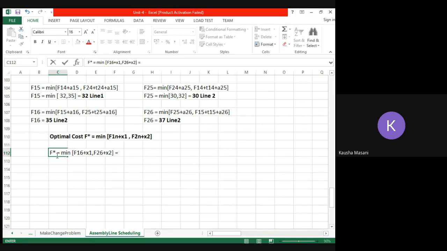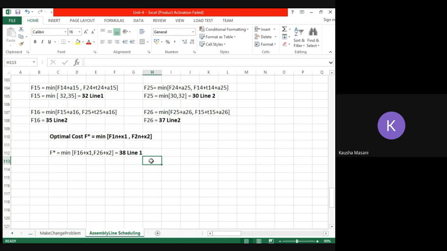The minimum value that you'll get is 38, line 1. So from this, you come to know that line 1 will be the exit point.